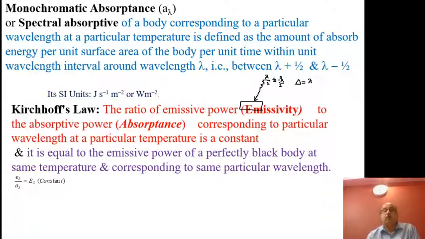So for a particular wavelength, the emissivity or emissive power is E lambda and the absorptive power, that is spectral absorptance, is A lambda.